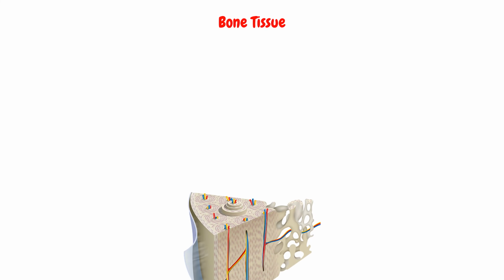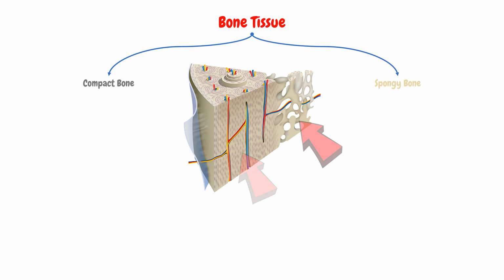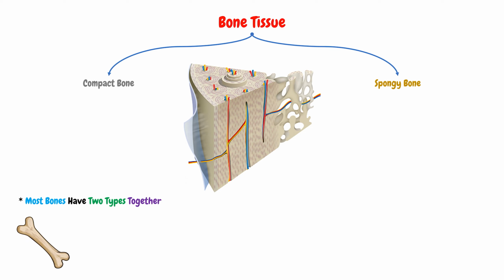We knew from the previous videos that bone tissue will be of two types, either compact bone or spongy bone. And most bones will have these two types together, but their distribution and concentration in the bone will differ from bone to bone according to the bone function.